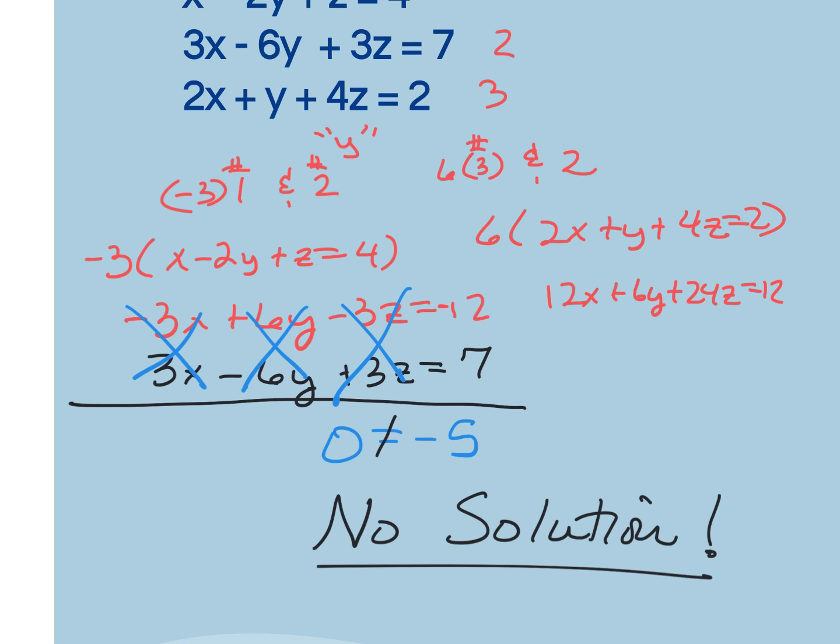So I didn't even need to bother doing this if I would have taken the time to just add equations 1 and 2 after I multiplied equation 1 by -3.